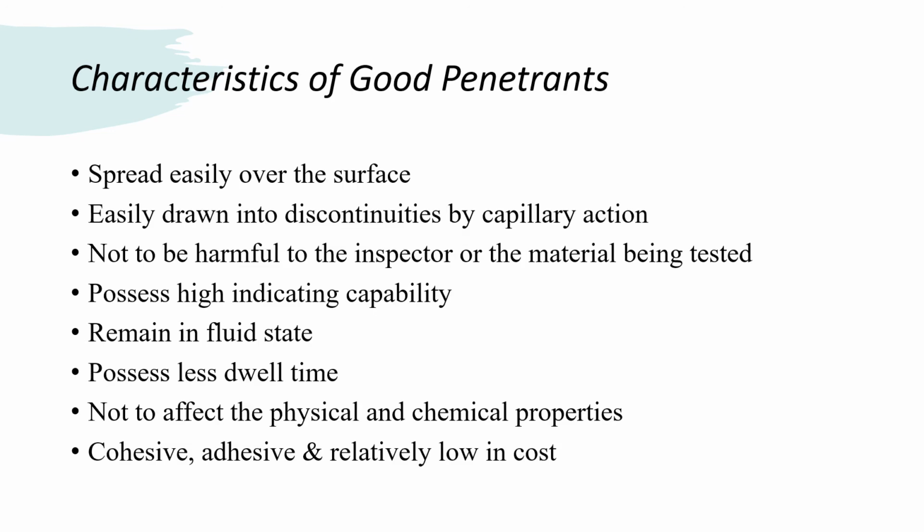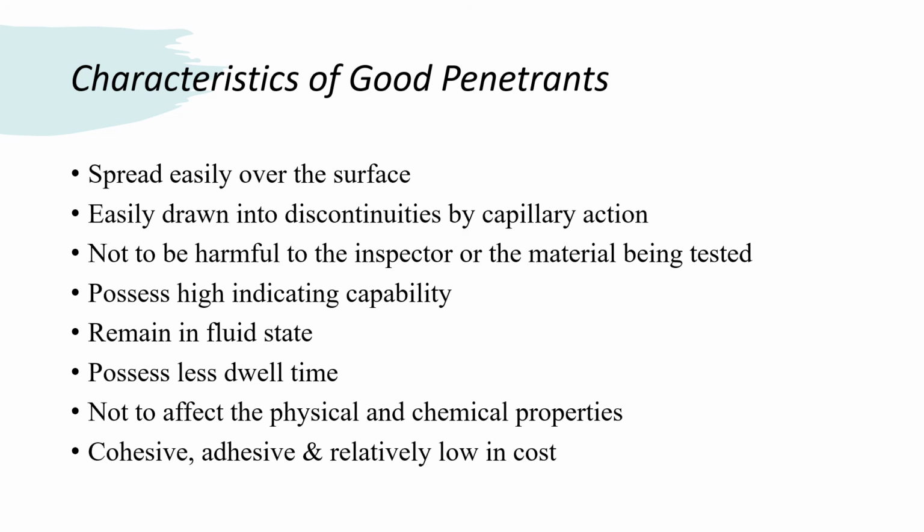Next are the characteristics of a good penetrant. Penetrants spread easily over the surface, and are easily drawn into discontinuities by capillary action. The penetrant is not to be harmful to the inspector or the material during the testing.